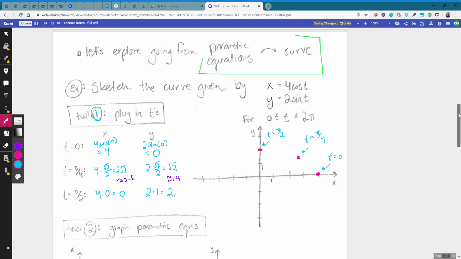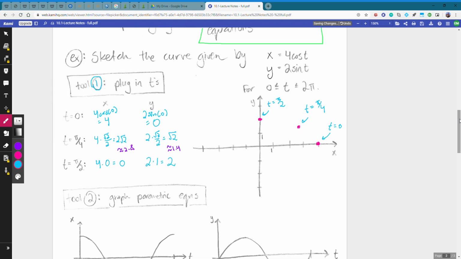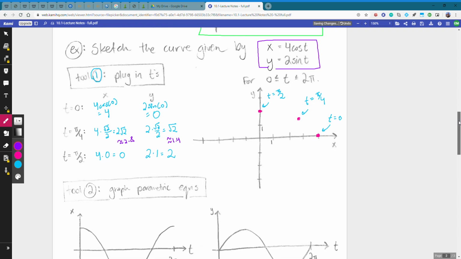And this is where we actually get graphs of our parametric equations, similar to what we were doing with our example a few minutes ago. And so here we'd like to get graphs of our parametric equations, x equals 4 cosine t and y equals 2 sine t over the range of t's that we care about.